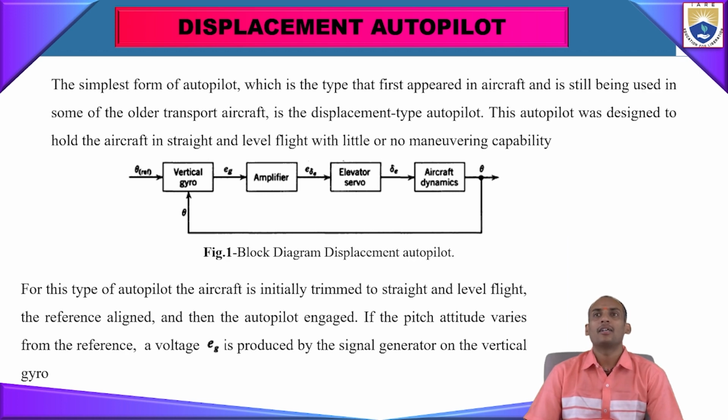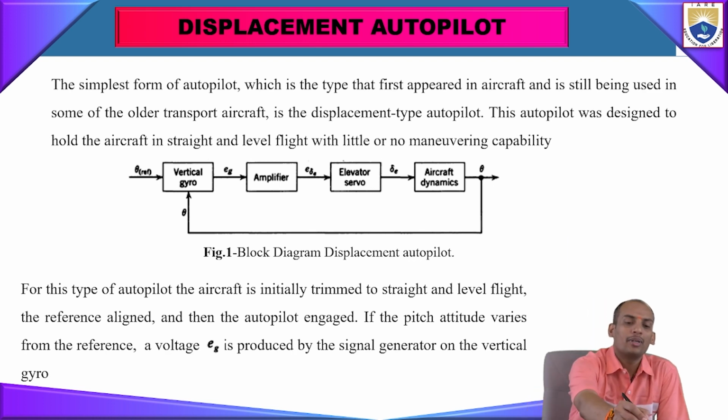This autopilot was designed to hold the aircraft in straight and level flight with little or no maneuvering capability. Whenever maneuvering capability is integrated into this autopilot system, that operation can also be dealt with smoothly.